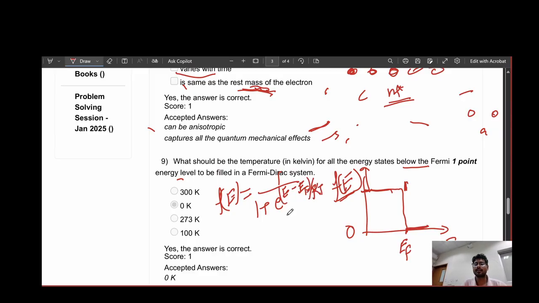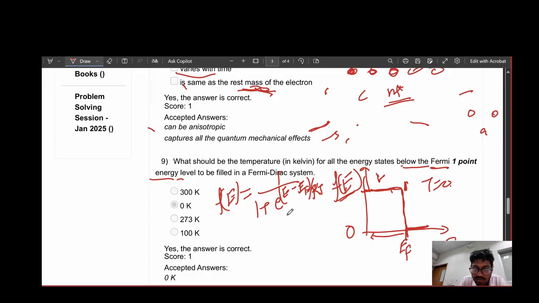If you remember this. This graph is for T equal to 0. Below the Fermi energy EF, the probability of finding an electron is 1.